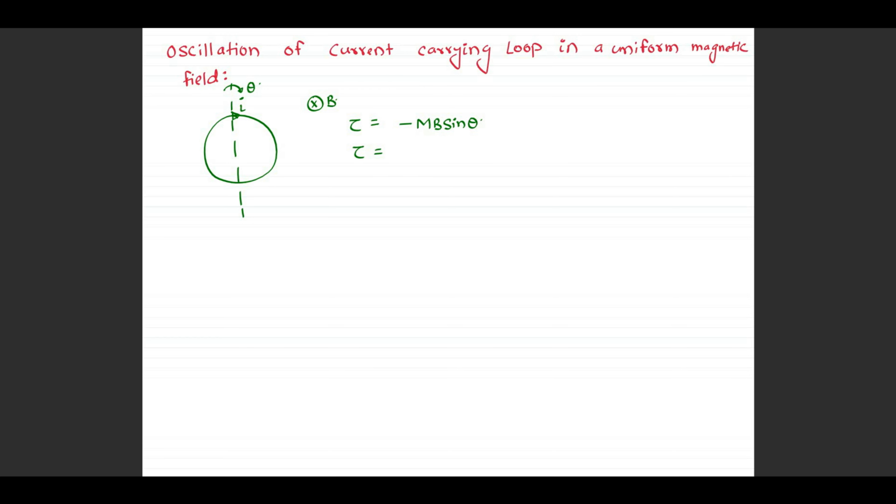Since we have given a small displacement, considering we have displaced it by a very small angle, I can replace sin theta by theta. I can equate it to a restoring torque like this, and hence omega will turn out to be this, so time period will be 2 pi by omega.